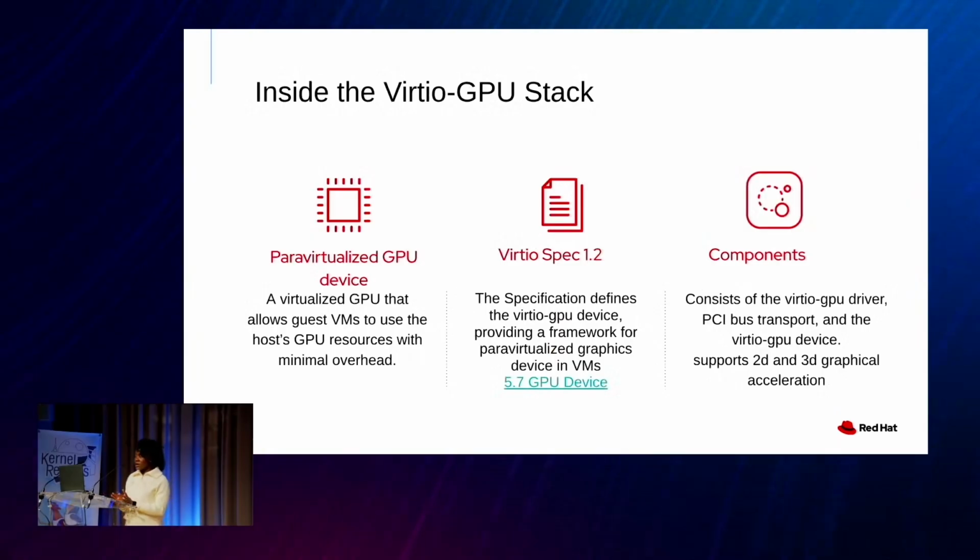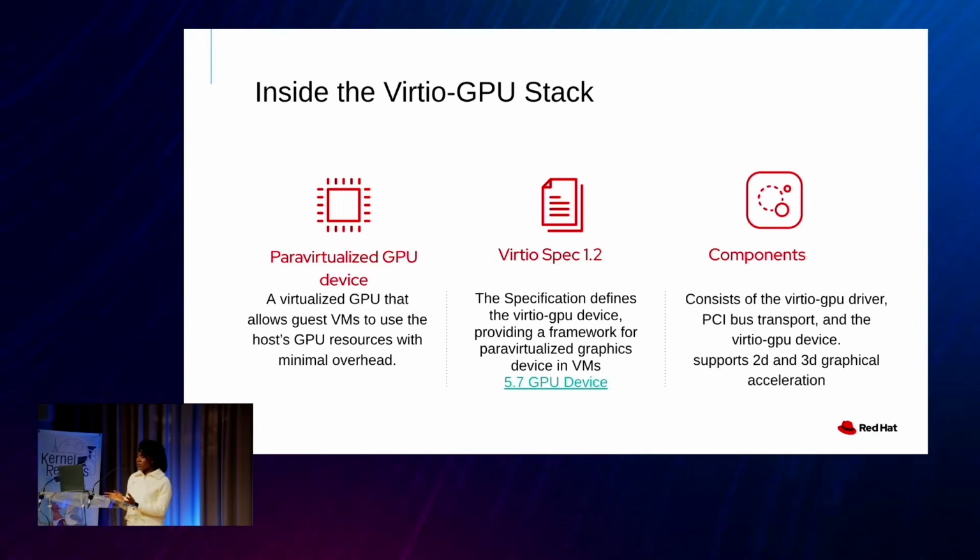So this slide shows the core of the Virtio GPU stack. Let's take a look. First, what is the Virtio GPU? It's a paravirtualized GPU that allows the guest virtual machine to access the host GPU resources with minimal overhead.